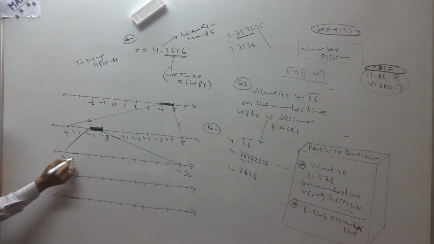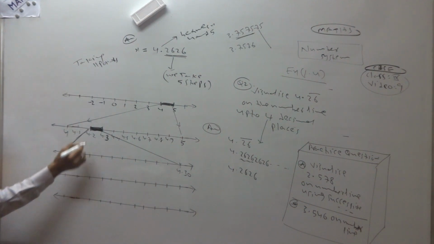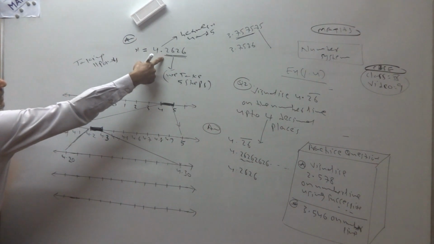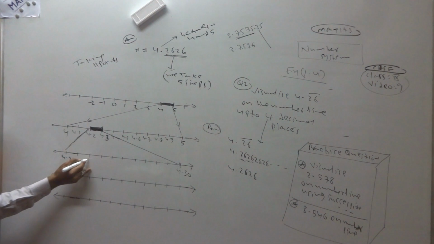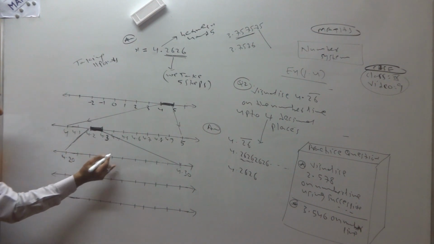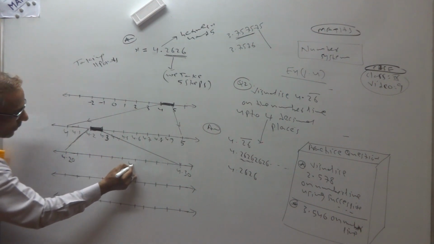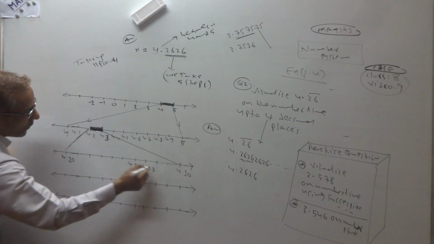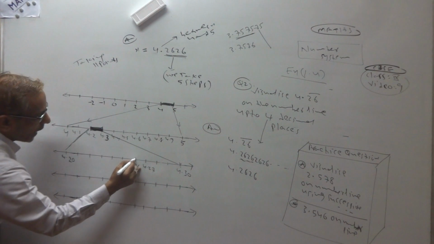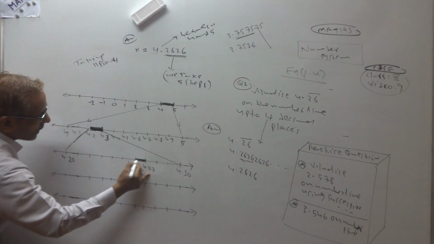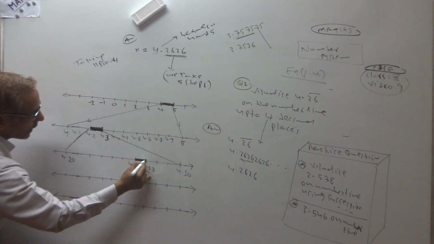After 20, 21, 22, we need 26, so don't write all. 20, 21, 22, 23, 24, 25, 26, 27. We just write that. 26 is there, we write 26, 27. We highlight this. Got it? Are you understanding the system?